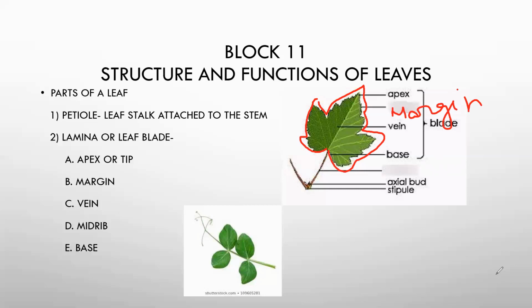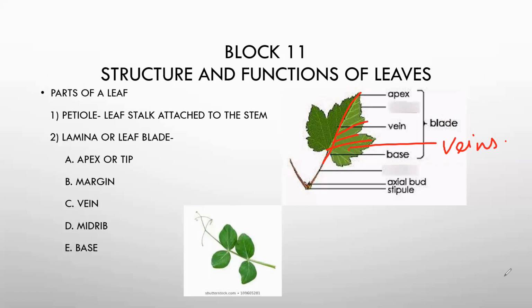Then you also have the vein. You have here one, and then again these lighter colored lines, these lines that are extensions of the midrib. They are called the veins. Then you have the midrib. Midrib is nothing but the extension of the petiole through the center, in the middle of the leaf.